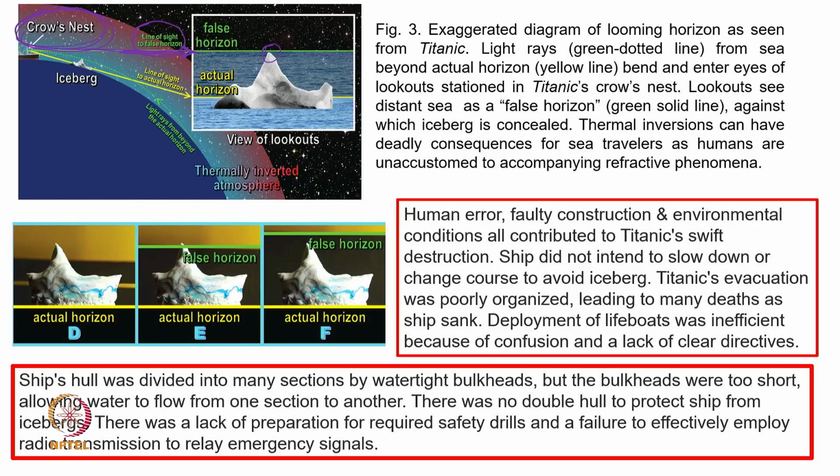However, the actual horizon was somewhat different, and the reason was a bending of the sight, and then the false impression came. They tried to show this also, that this is the iceberg, and because of the false horizon, the unit they had was below the line, while in this case either the tip was visible or there was no tip at all.